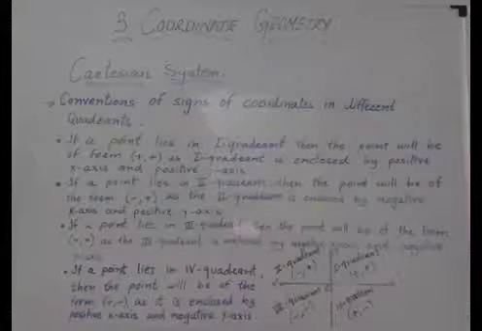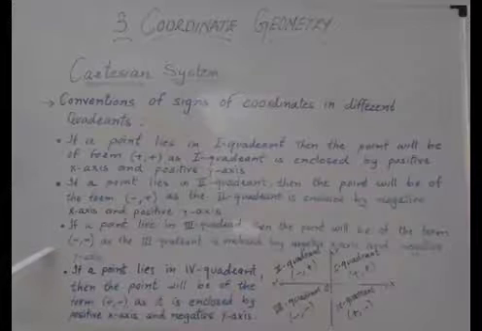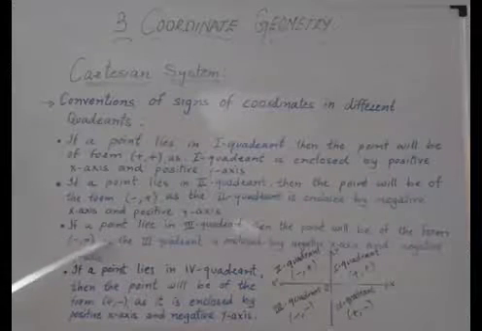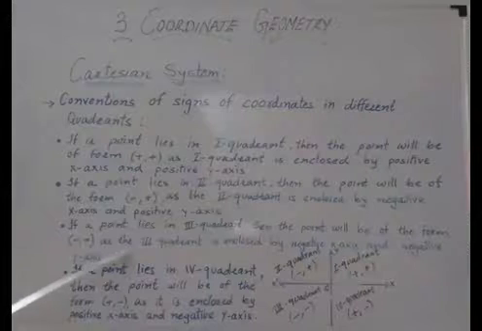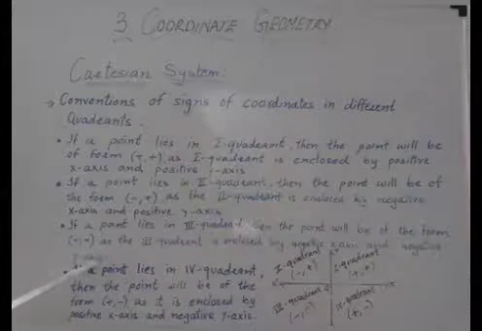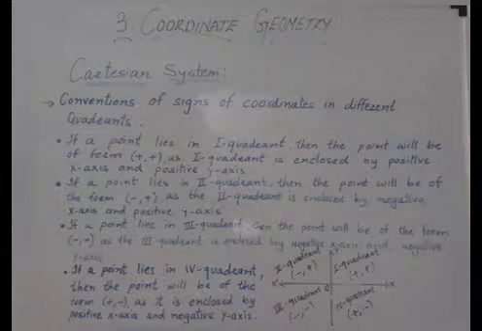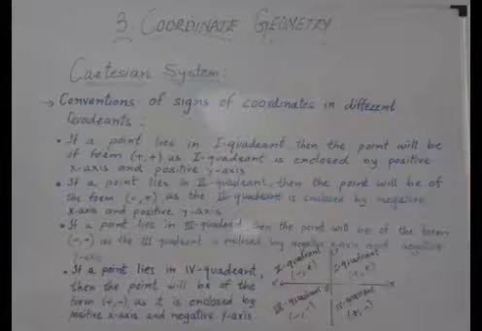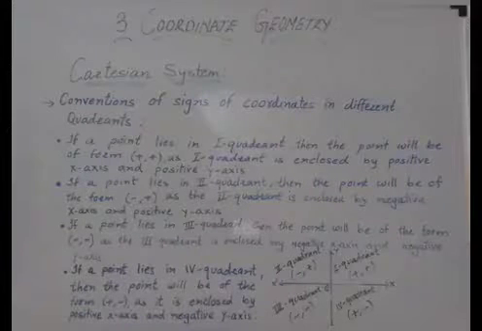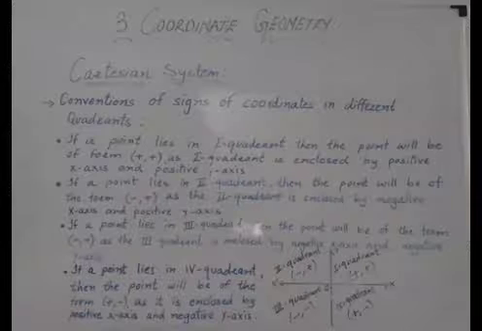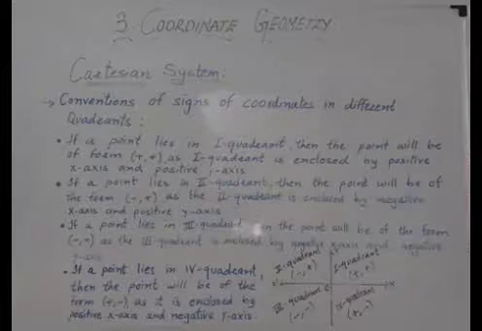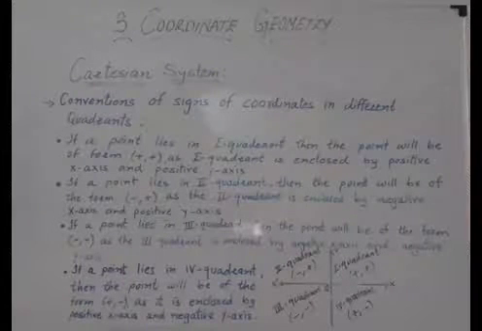Now for the third quadrant: if a point lies in the third quadrant, then the point will be of the form (-, -), as the third quadrant is enclosed by the negative x-axis and negative y-axis. Again, if a given point is in the third quadrant, then both coordinates will have a negative sign.